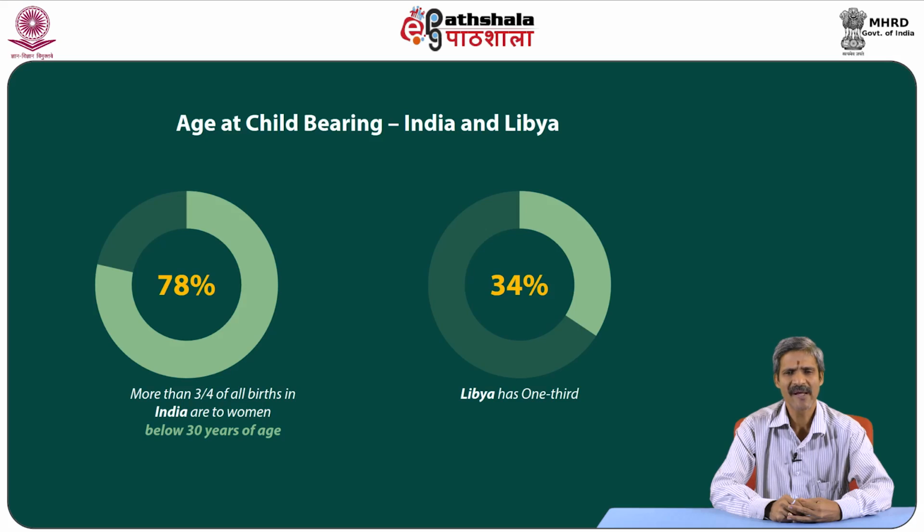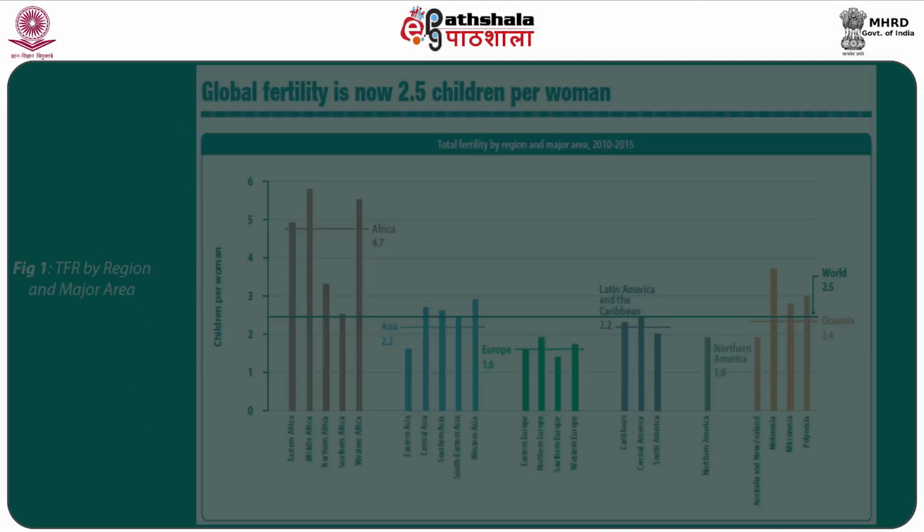However, more than 3/4 of the births in India are to women below 30 years of age. Precisely 78% of the births in India are to women below 30 years of age. In case of Libya, it is 34%. That means 34% of the total births in Libya are to women below 30 years of age.